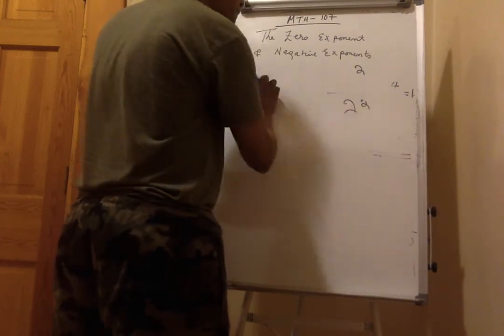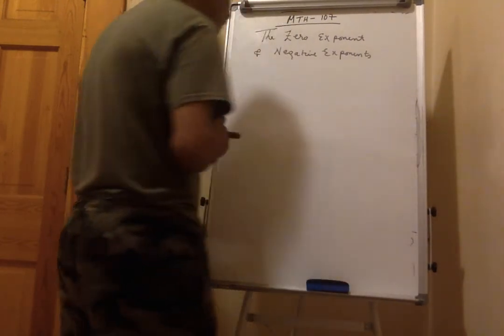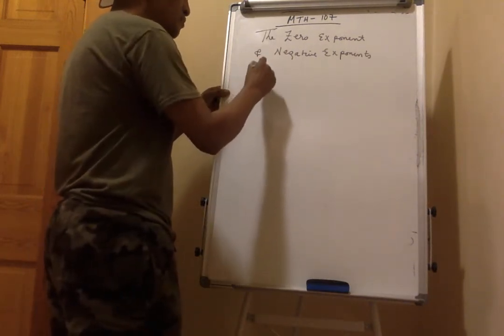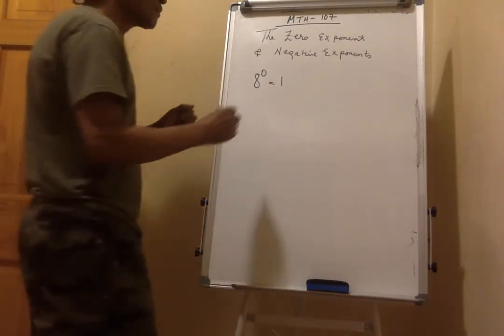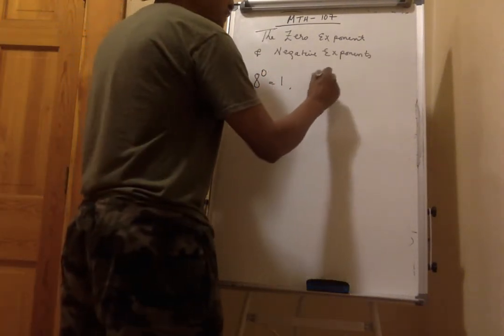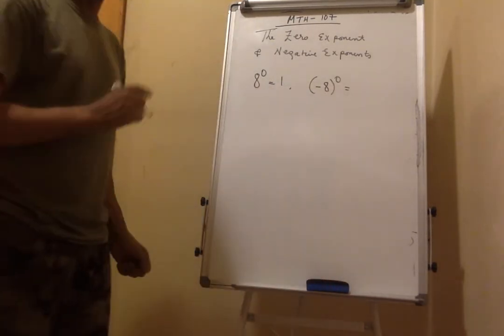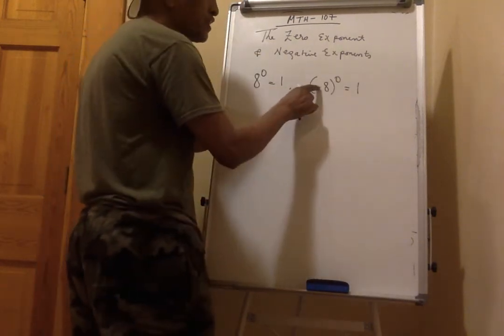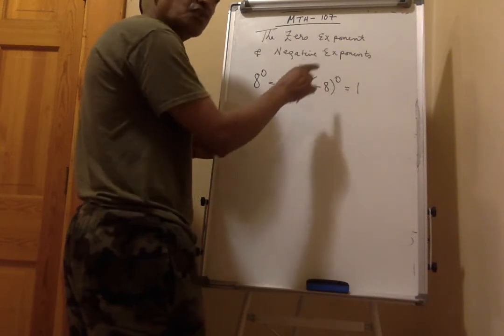Now, just a caution. 8 to the power of 0 is 1. Negative 8 to the power of 0 is also 1, because what we are doing is raising not just 8 to the power of 0, but also negative 1 to the power of 0.